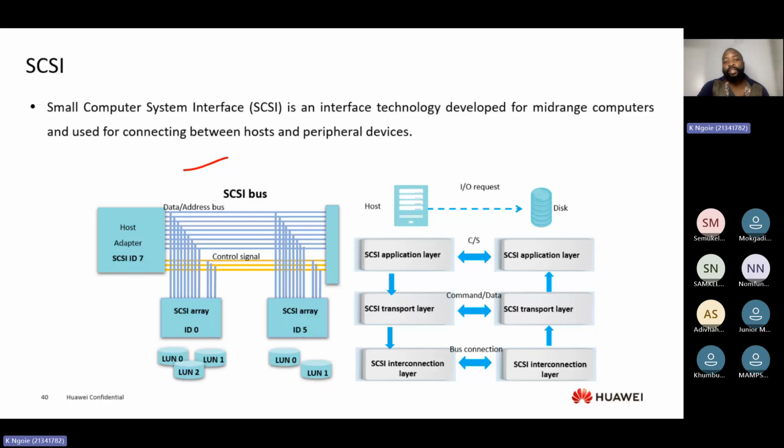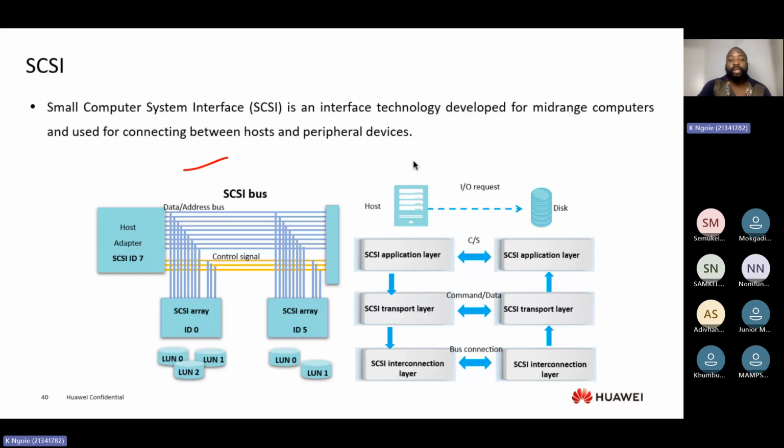The reason why we call it an interface technology is that it provides a standard way for the host to communicate with devices. The host, remember, is the server, communicating with devices, which can be storage. So this can connect to your hard drive, to SSDs, to scanners.